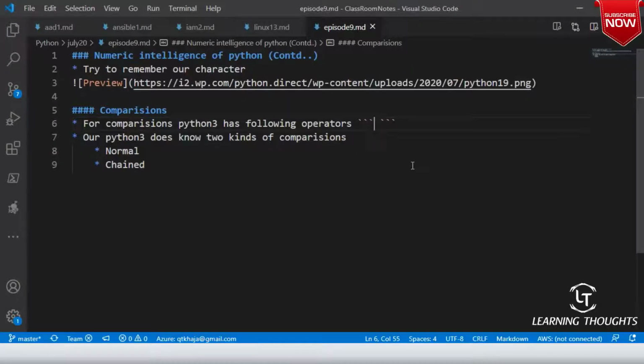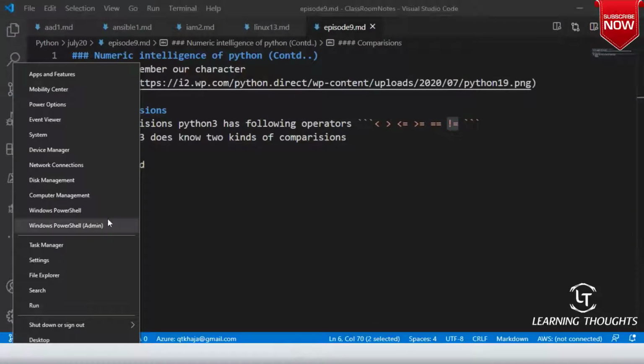We have less than, we have greater than, we have less than or equals to, we have greater than or equals to, we have equals to, we have not equals to. This stands for less than, this stands for greater than, less than or equals to, greater than or equals to, whether they are equal, whether they are not equal. So normal life is very much simple.